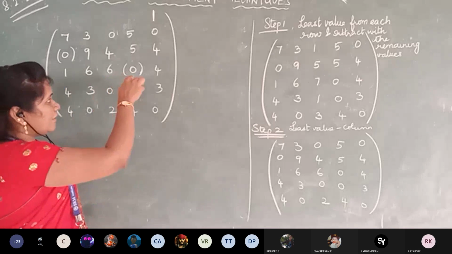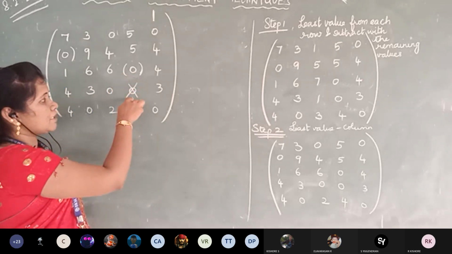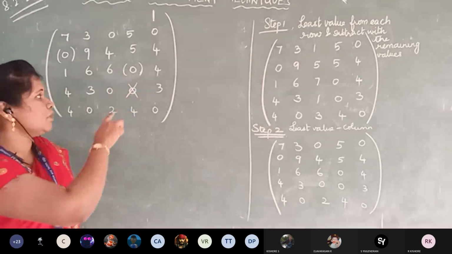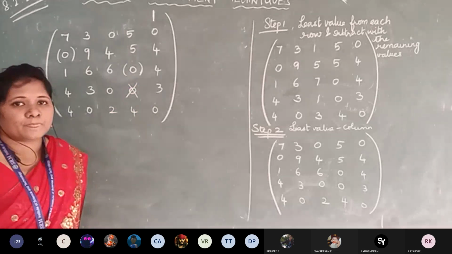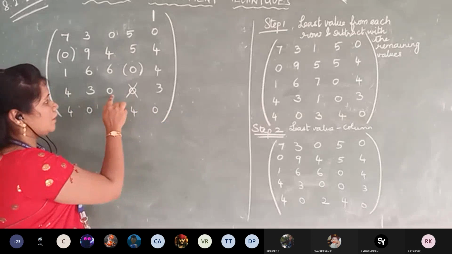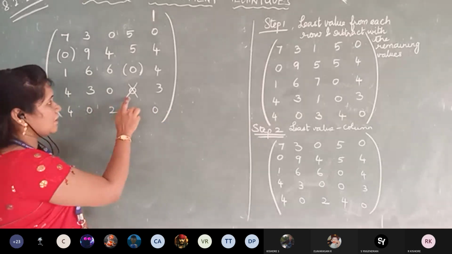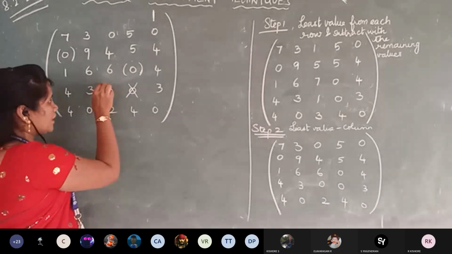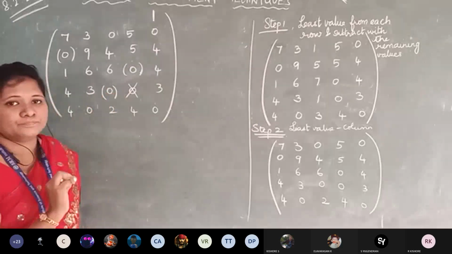Okay, since we have taken this allocation in the same column, we cannot take the allocation, so you will cross over. Since we have crossed over this, in this row, only these two are there. So this allocation cannot be taken, so you will naturally take this allocation.